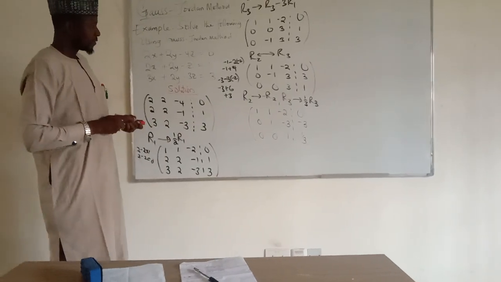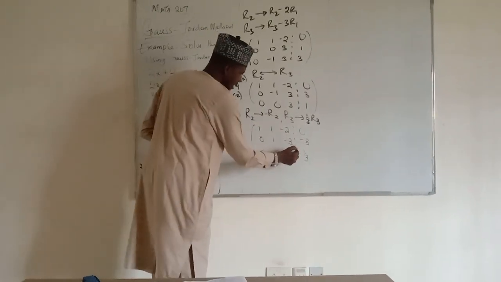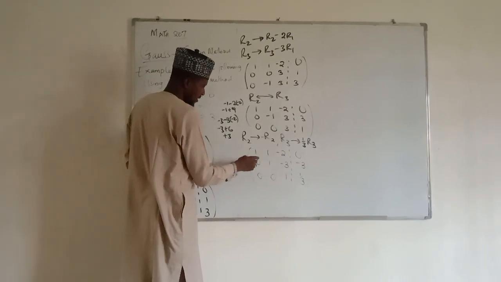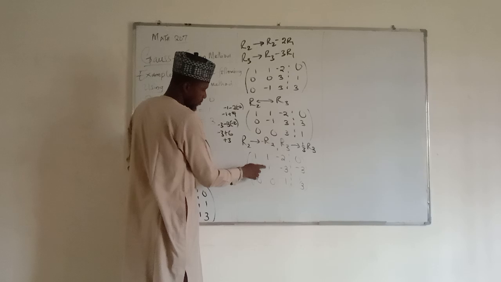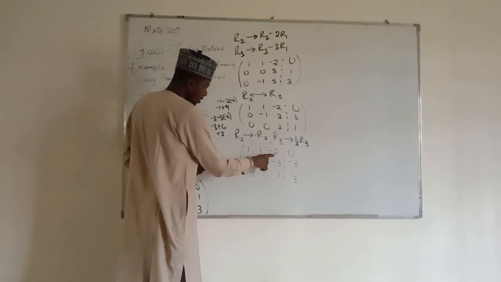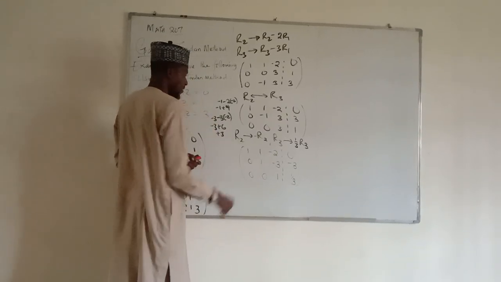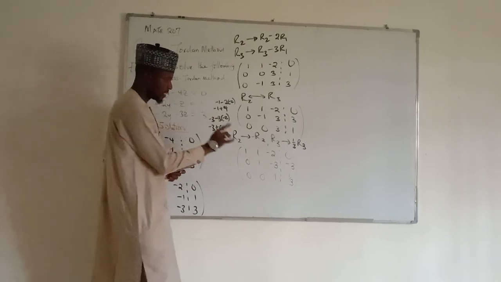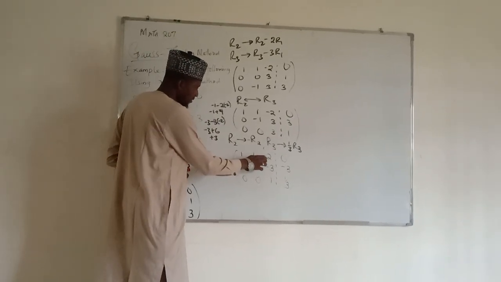So what we want now is we want this one to be 0, also this one to be 0.